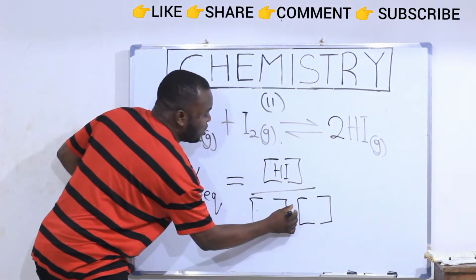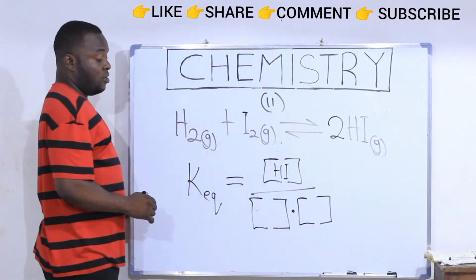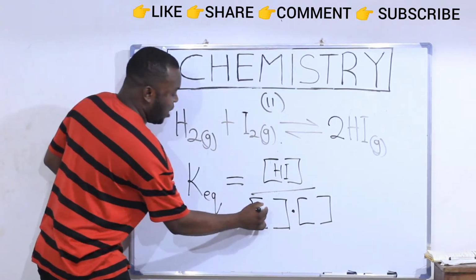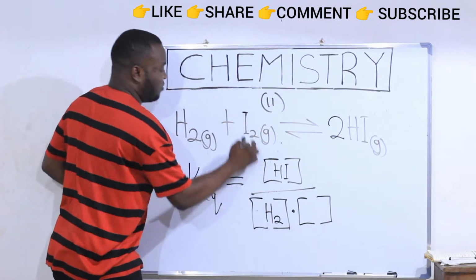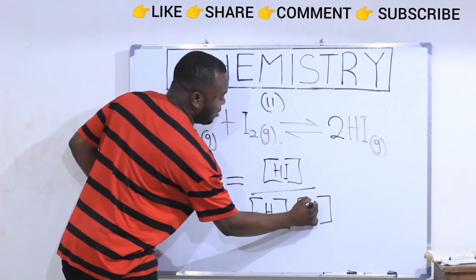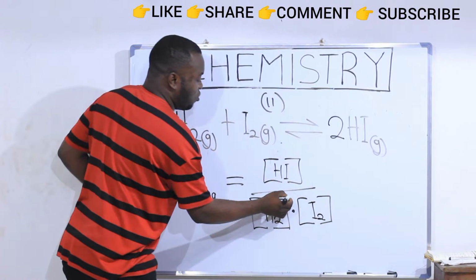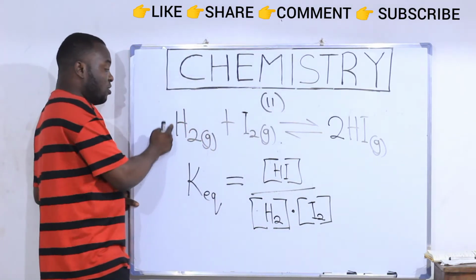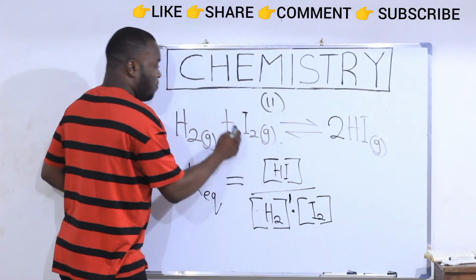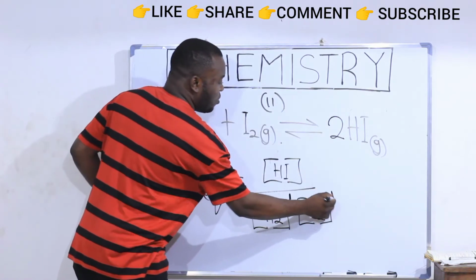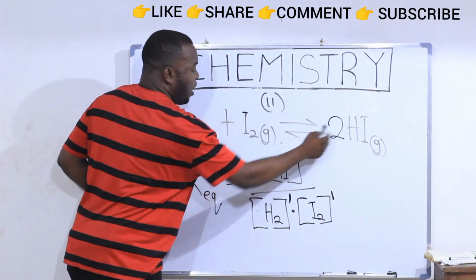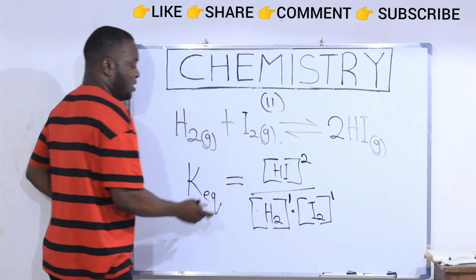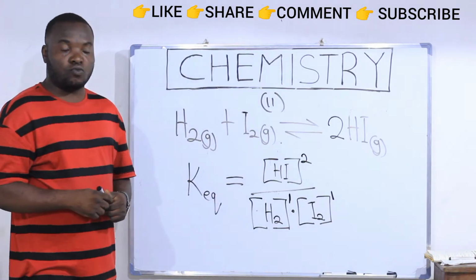Remember, the sign between them is the multiplication sign. The first one is our hydrogen gas, and the second one is the iodine gas, each raised to the power of their stoichiometric coefficients. This is 1 for hydrogen, this is 1 for iodine, and here is 2 for hydrogen iodide. And this is the answer to number 2.